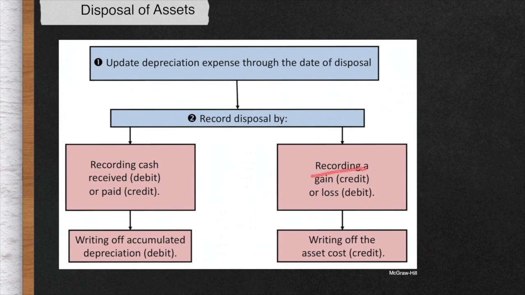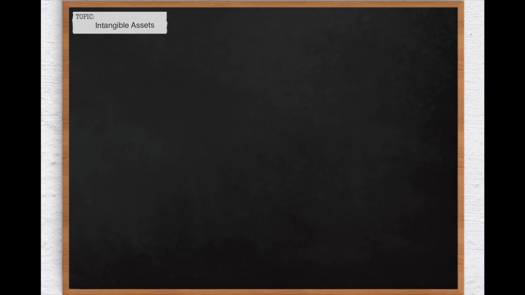And then you write off the accumulated depreciation with a debit. The second way is record a gain. If you're recording a gain, you credit for a gain and you debit for a loss. And then to write off the asset, you credit the asset cost. In a nutshell, you want to credit the asset itself, so it goes to zero, and then debit the accumulated depreciation account, so it also goes to zero.